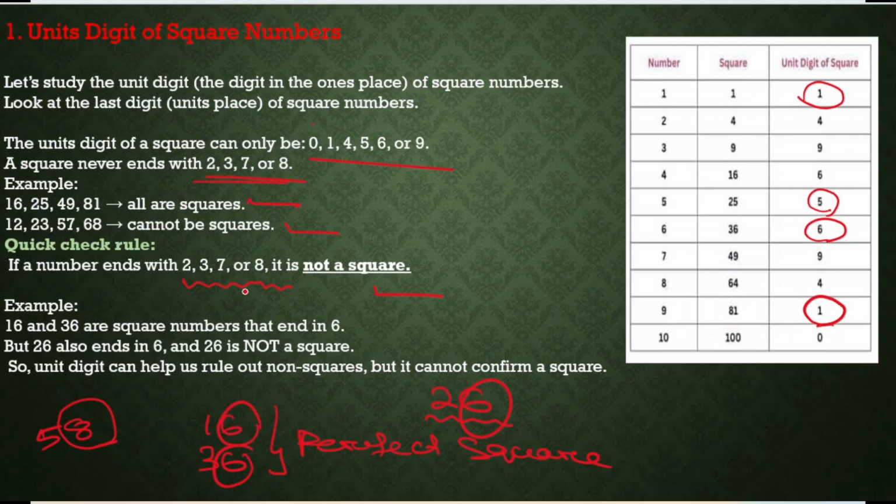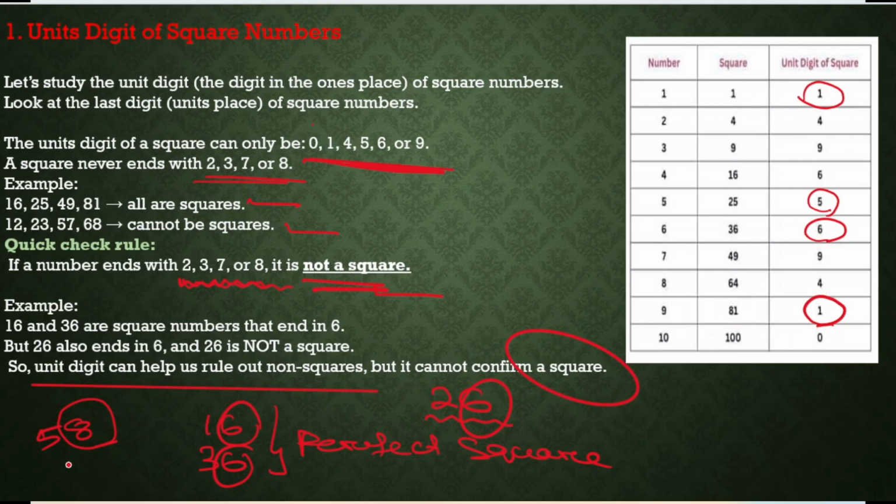No. One whose unit place is 2, 3, 7 or 8 is not a square. But if the unit place is 0, 1, 4, 5, 6, 9, then it may or may not be a perfect square. So is this true or false? False. See, so unit digit can help us rule out non-squares, but it can't confirm a square.